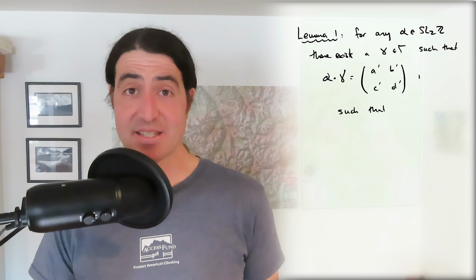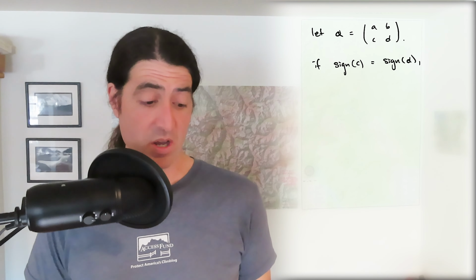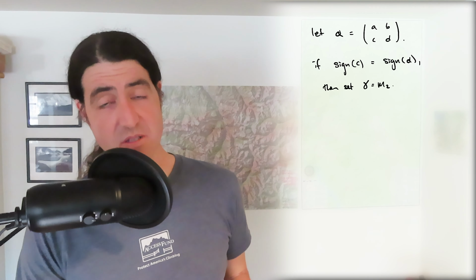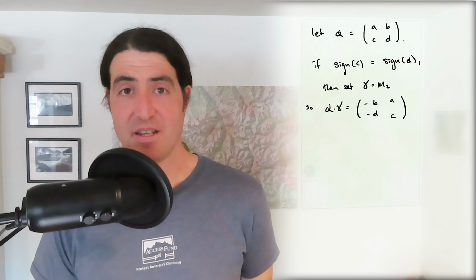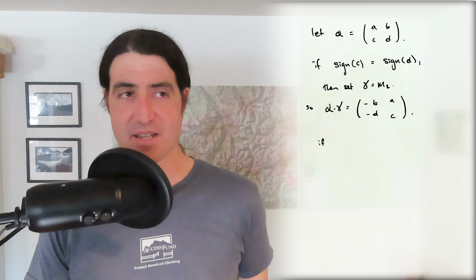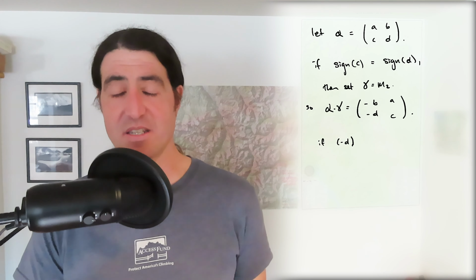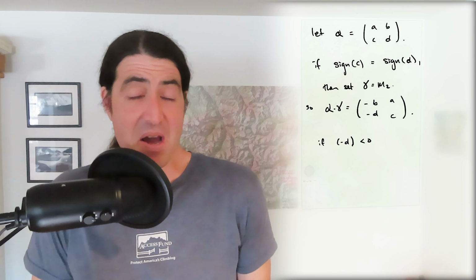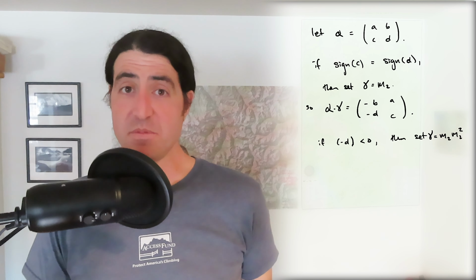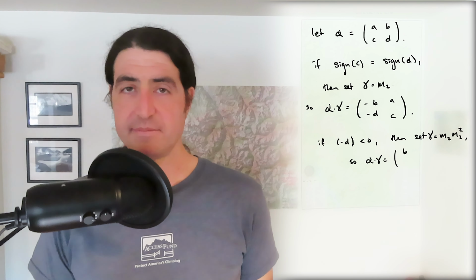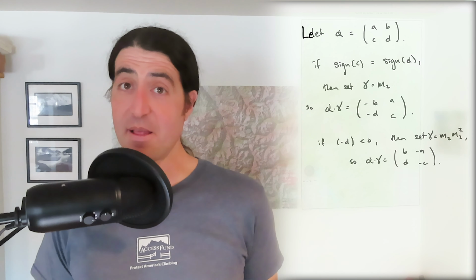Well, if they have the same sign, we simply let gamma equal M2, which flips the bottom row, but also adds a minus sign. So now they have opposite signs. Now, in order to get the correct signs, in other words, lower left positive, lower right negative, we might have to multiply by the negative identity element, which is, again, M2 squared. So, easy, done.